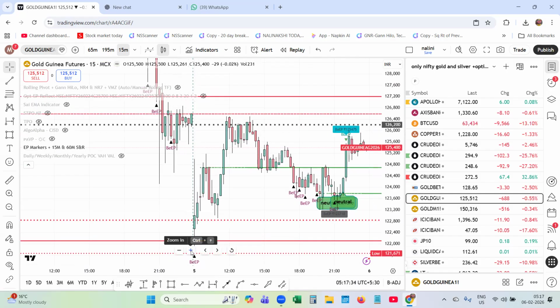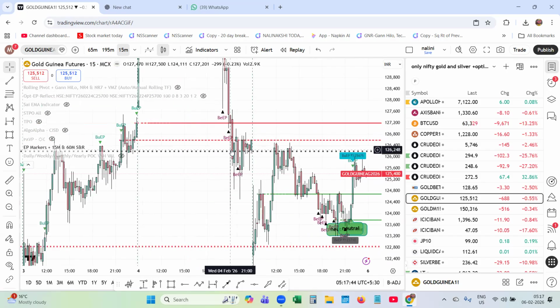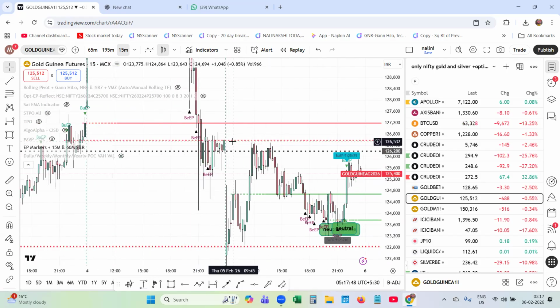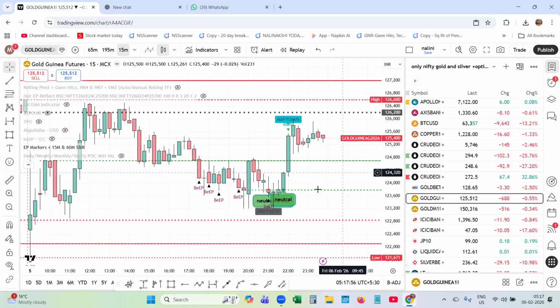Bears were in control and the price moved higher. From this bearish area, price moved higher and it stalled at the previous supply zone. It became bullish. And you can see here bearish EP were forming.